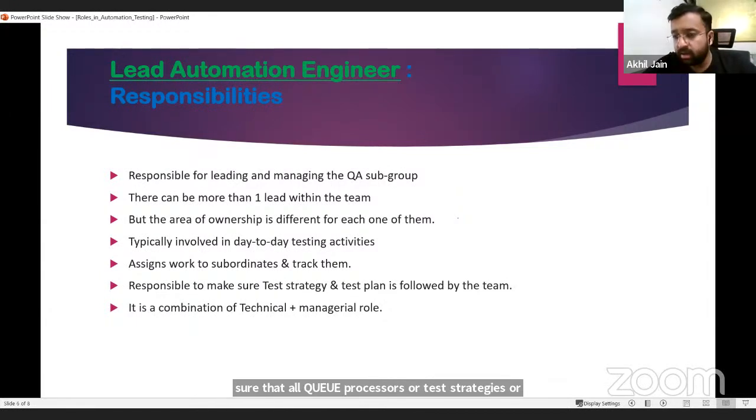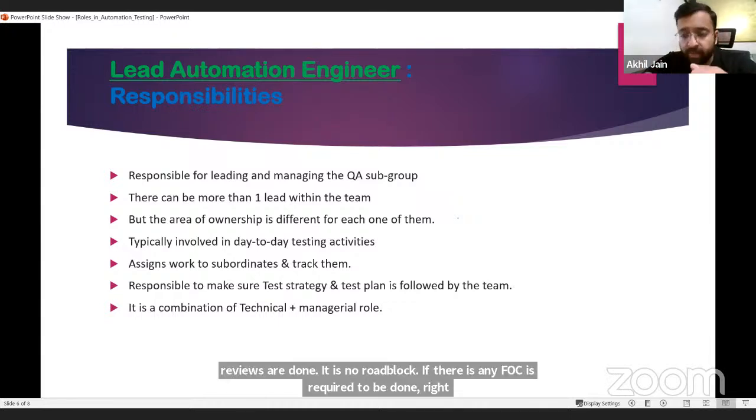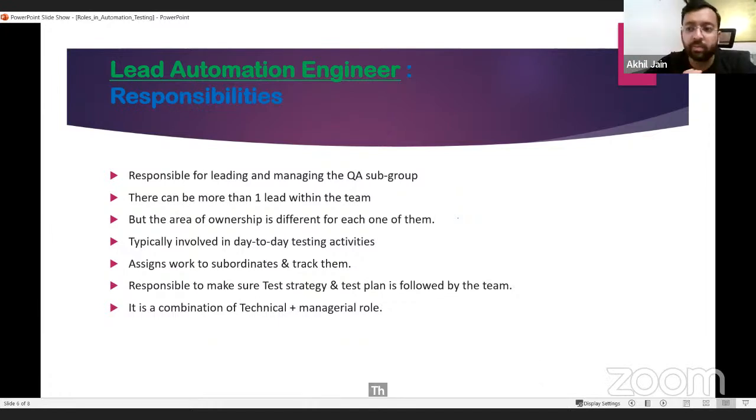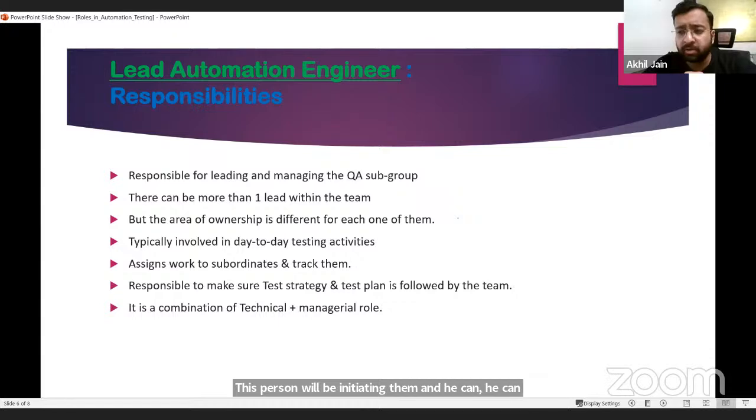All reviews are done, and there is no roadblock. If any POCs are required, this person would initiate them, ask someone within the team to be a part of that POC, drive it, set the objectives of those POCs, and share them with the team.